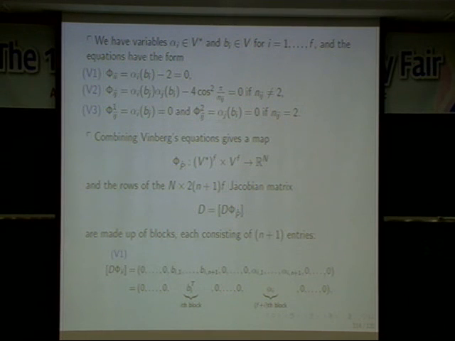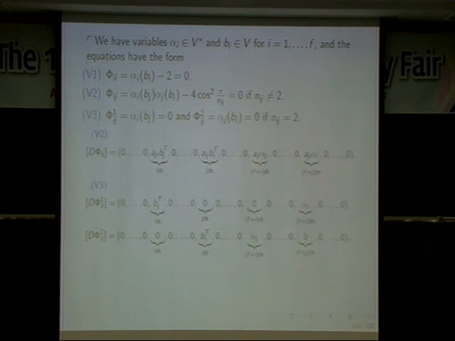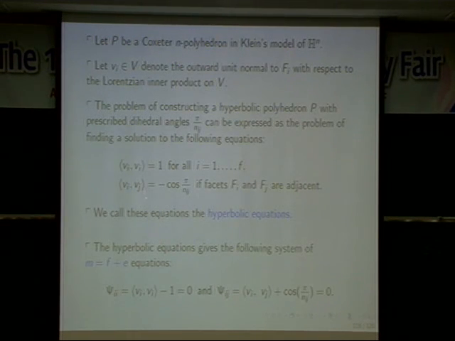To do that, we make the Jacobian matrix, and this Jacobian matrix comes from the Weinberg equations. Next, if we consider a hyperbolic polyhedron, I mentioned that the first one is a normal vector condition, and without the Gram matrix, this is minus cosine pi over nij.